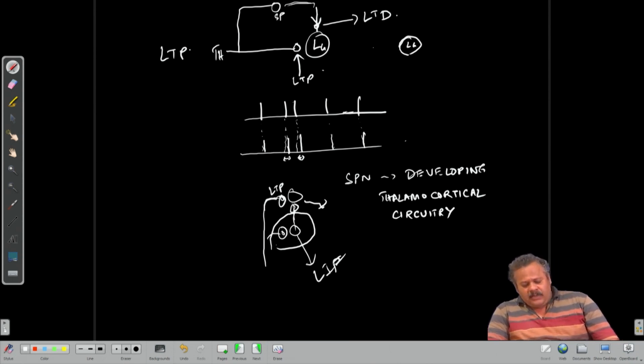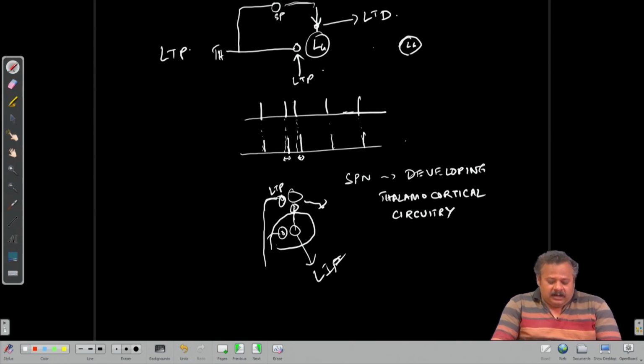So, there are many examples of models where long term potentiation, long term depression, or spike timing dependent plasticity can play a role in explaining phenomena and in the modeling of these phenomena.